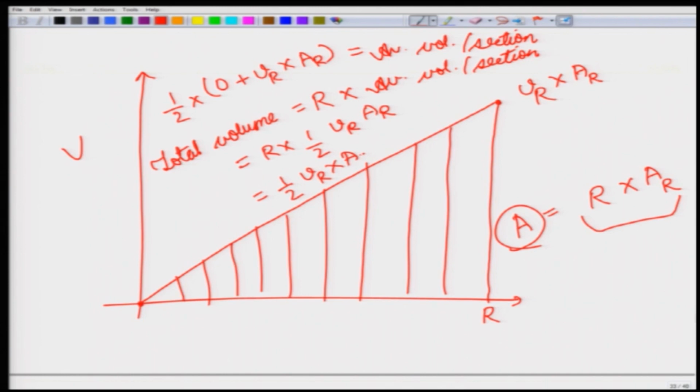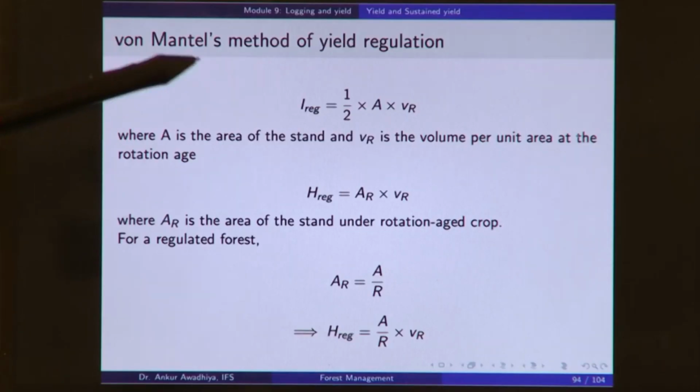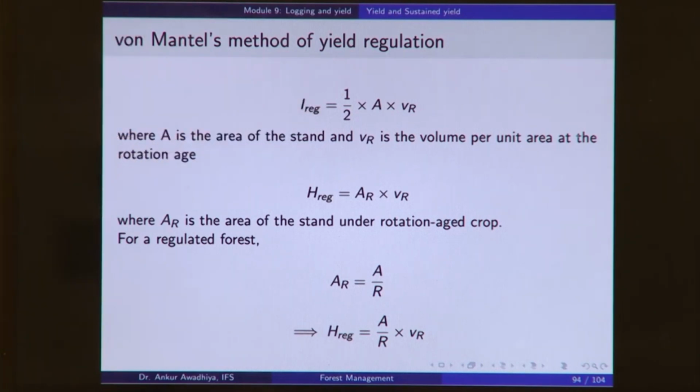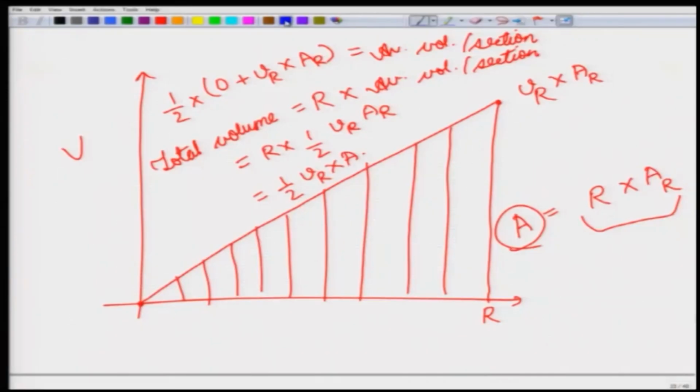So, this is what the von Mantel formula is saying, that the total inventory in a regular forest is half of Vr into A. This is an ideal situation, because in practice this will not form a triangle. It is possible that the volumes will be less in some places and more in others than what the von Mantel approximation is predicting, because earlier the growth rate is very slow, as we saw in the case of a sigmoidal curve or a logistic growth equation.